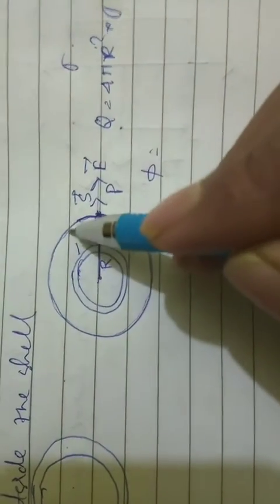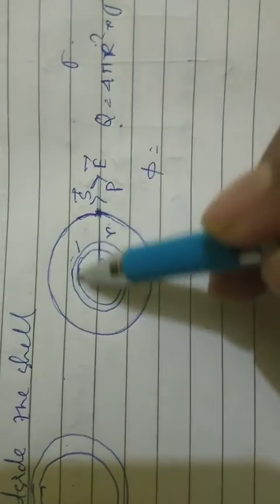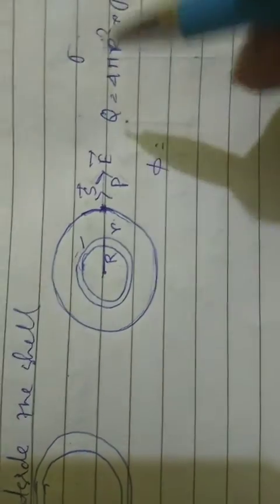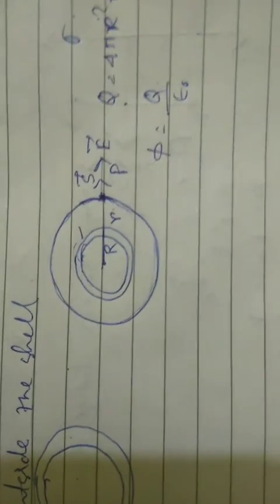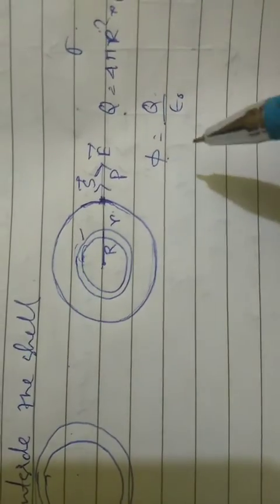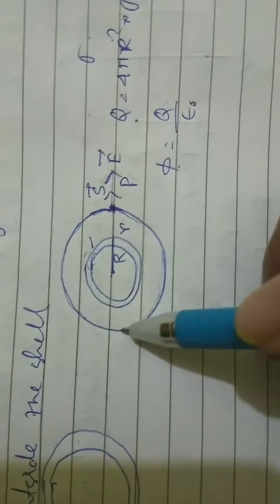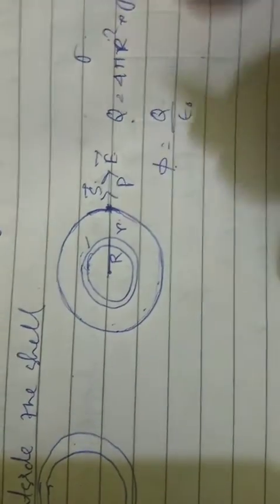Now we will apply Gauss's law. Inside this Gaussian surface, the total charge is the charge of the spherical shell, which is Q. So flux is Q by epsilon naught. Now again phi you can write as E dot A. At every point on this Gaussian surface, the direction of E and S are same.